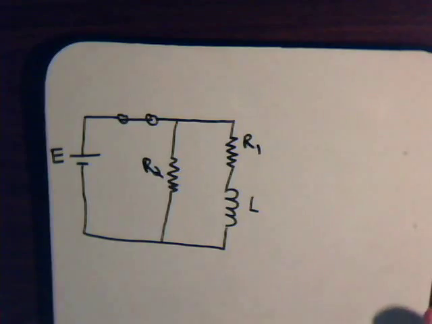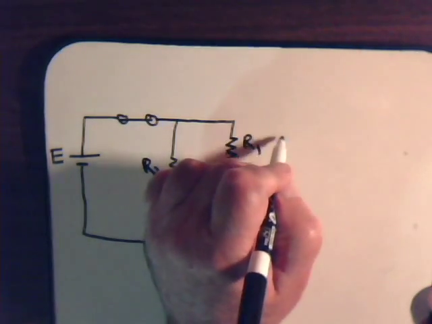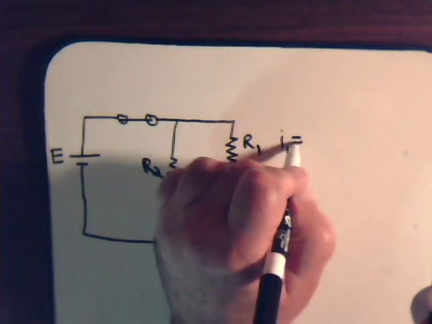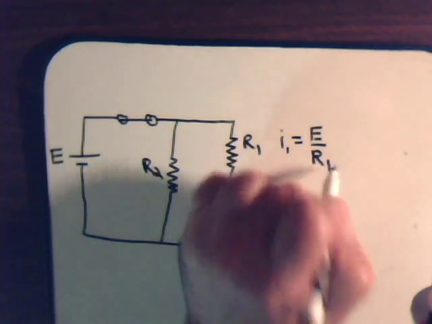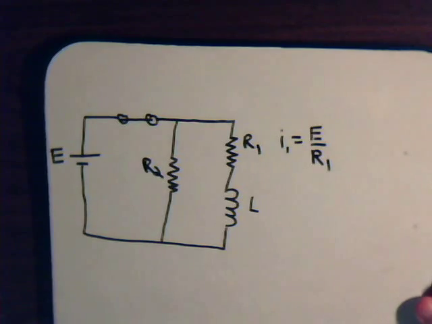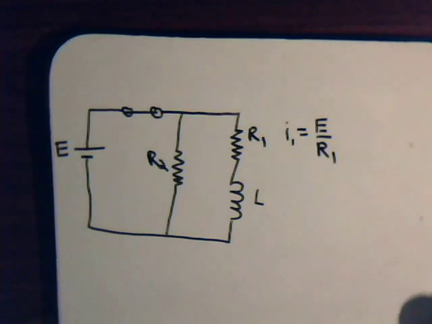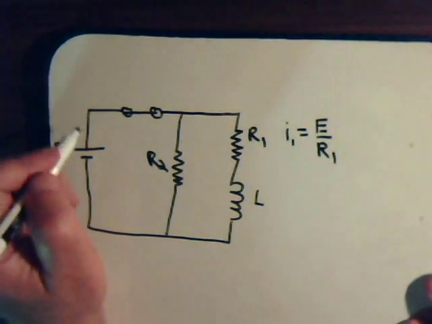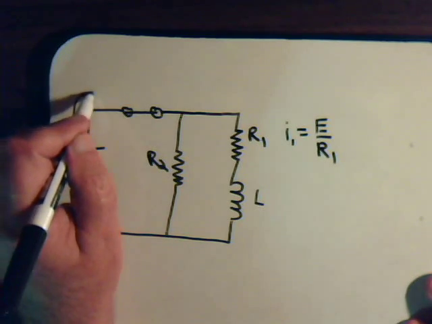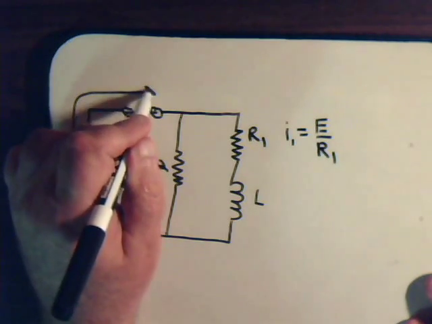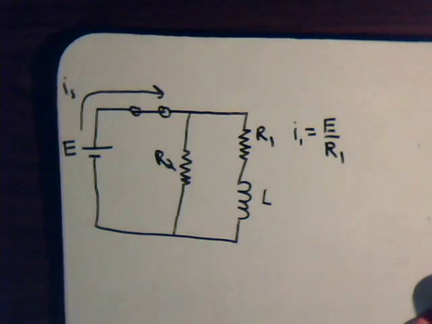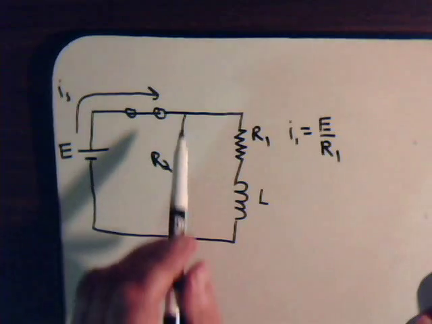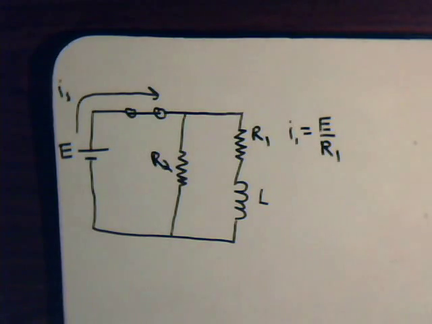And the answer is just E divided by R1. We can show that easily enough. Let's say there's a current coming into here, call it IS, and IS is going to get split across these two resistors.